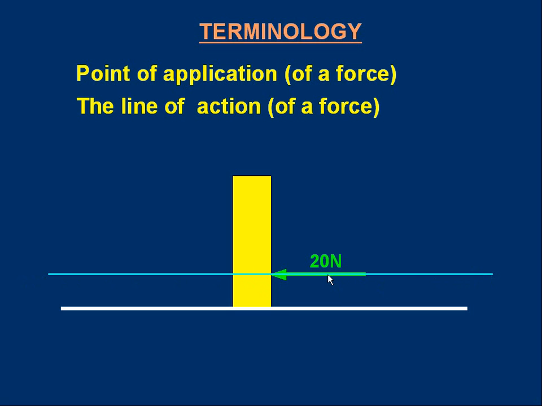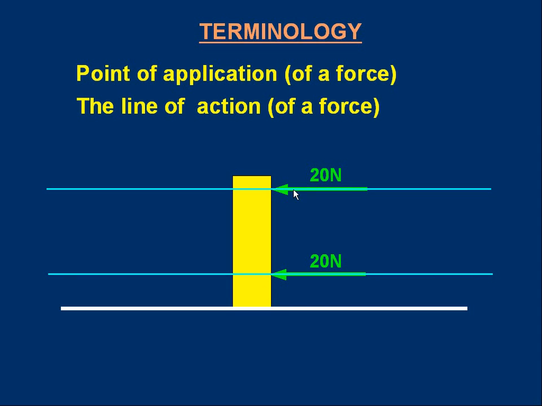Let's just look at another force, 20 newtons to the left. In vector terms, it's the same. It's got the same magnitude, it's got the same direction, but it's got a different line of action. The point of application is now up here, and the line of action of this force would be that.